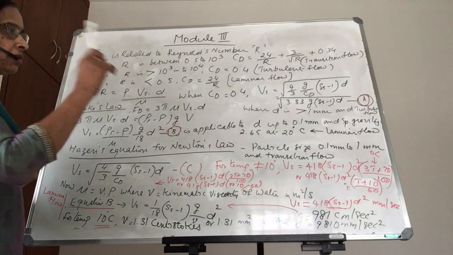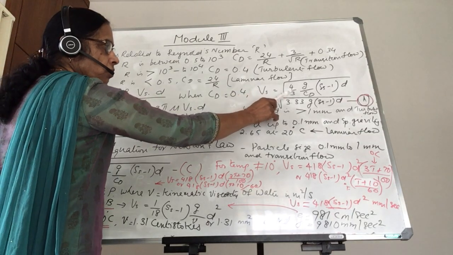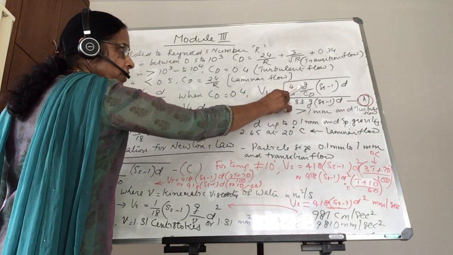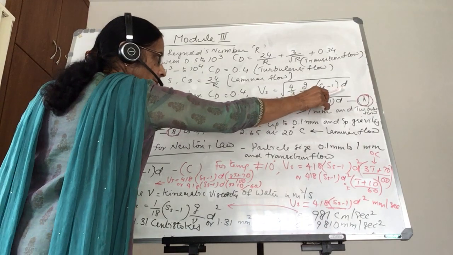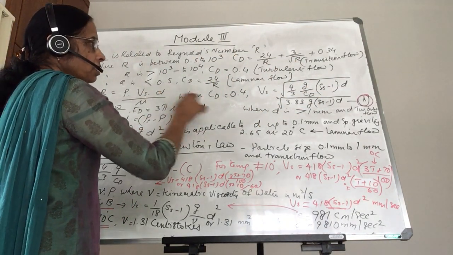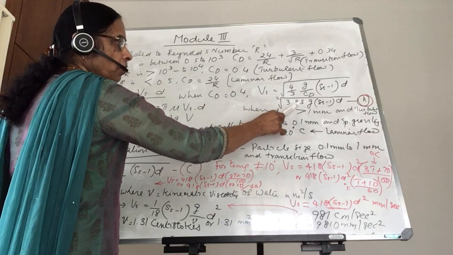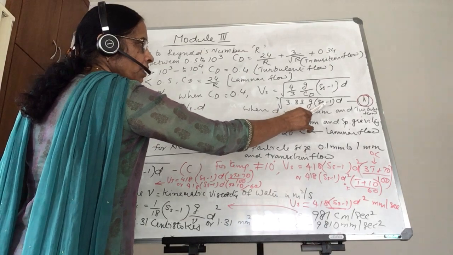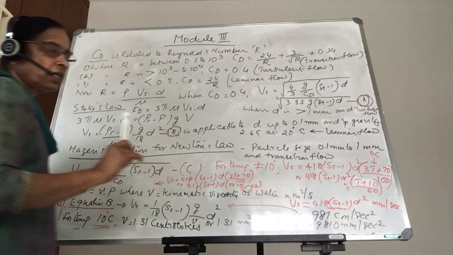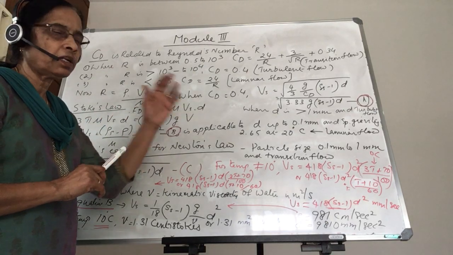The earlier equation we derived is that Vs, the settling velocity, equals root of 4 by 3 into G by CD into SS minus 1 into D. In that equation you put the value of CD equal to 0.4, and you will get the equation Vs equals root of 3.33 into G into SS minus 1 into D. That is equation A, which is for diameter greater than 1 mm.